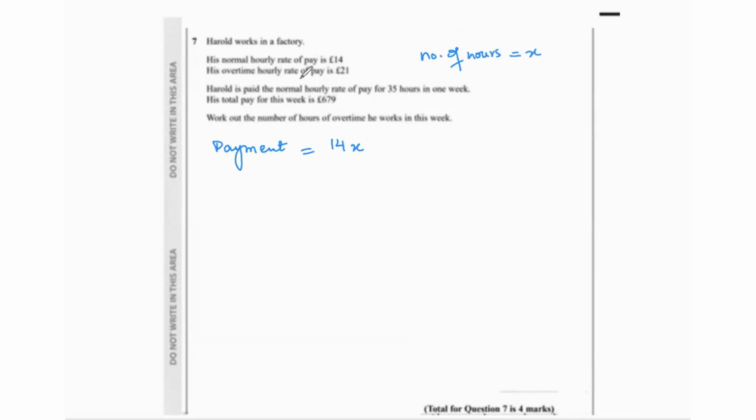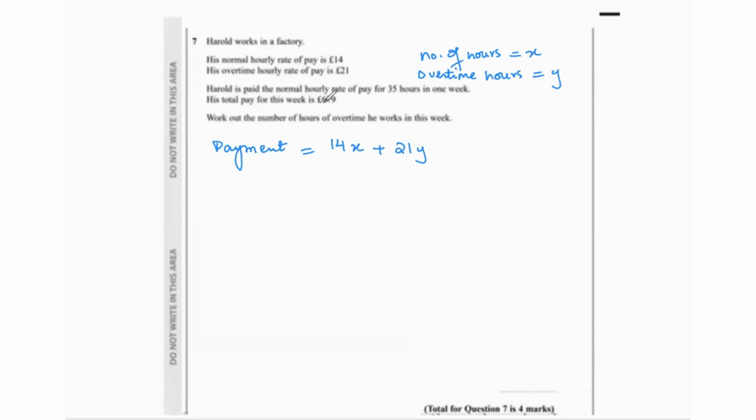And then his overtime hourly rate of £21, for the overtime hours, let's call it Y, because obviously it's different. Normal hours is X and the overtime hours is Y.